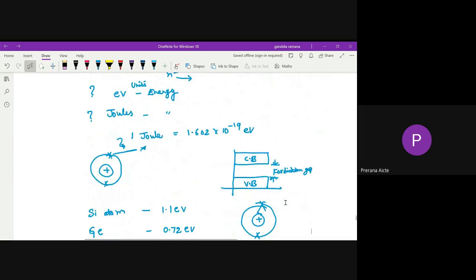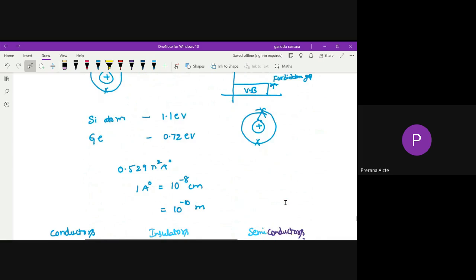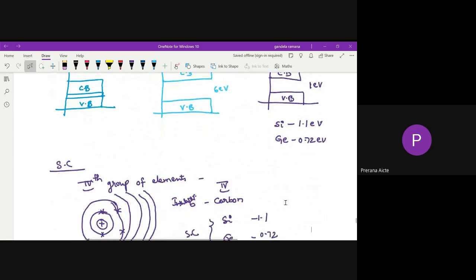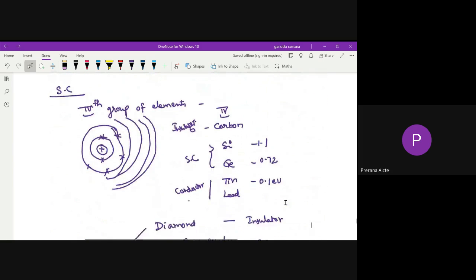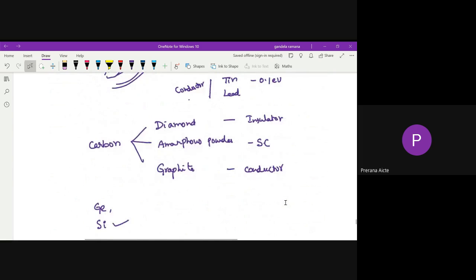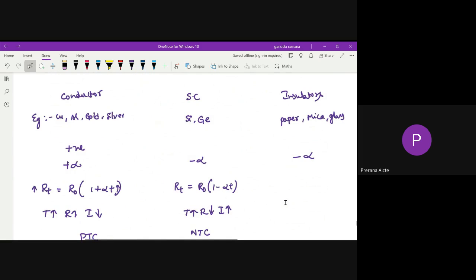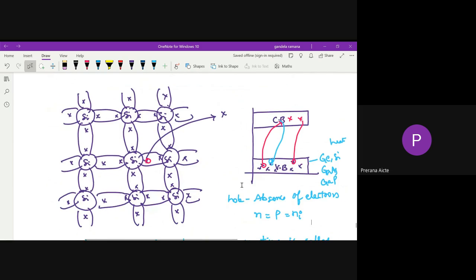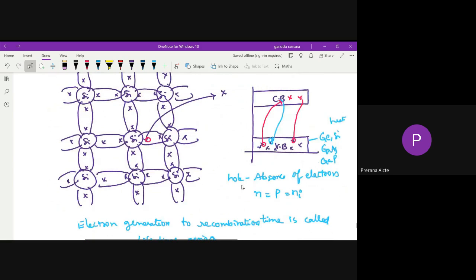Already we drew it. So this is the intrinsic semiconductor.